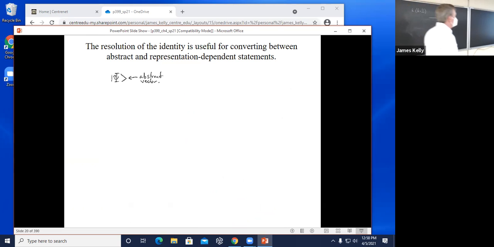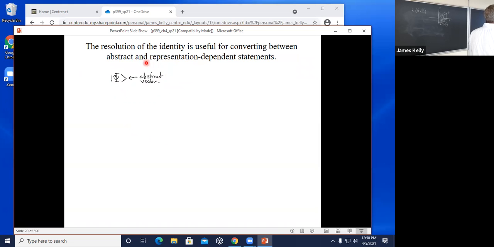Here's why we might use the resolution of the identity. It's a great way to figure out the formula for how to compute a lot of different things if you forget about them, by starting with just abstract notation. So, for example, if I denote an abstract vector like this, that's kind of hard to know how to think about.